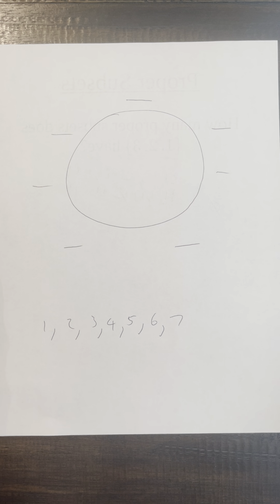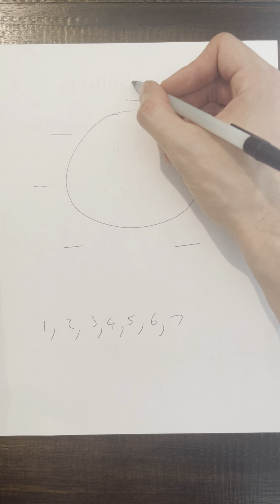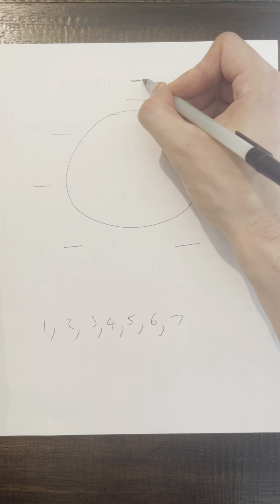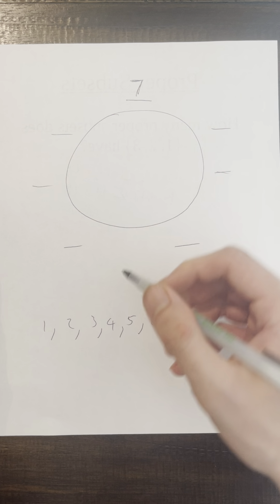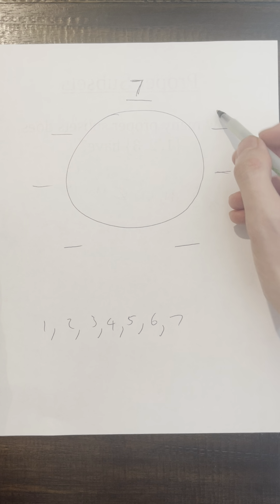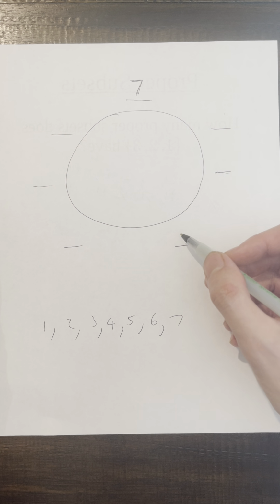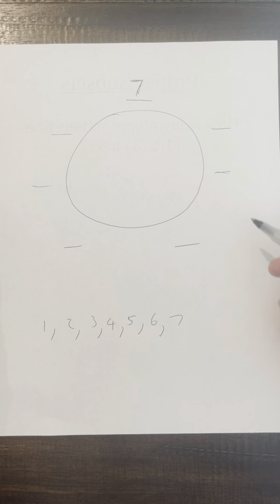Let's say we count the number of ways when 7 is here. That's the same number of ways as if we started with 7 here. It's also the same number of ways if we started with 7 here, and so on.